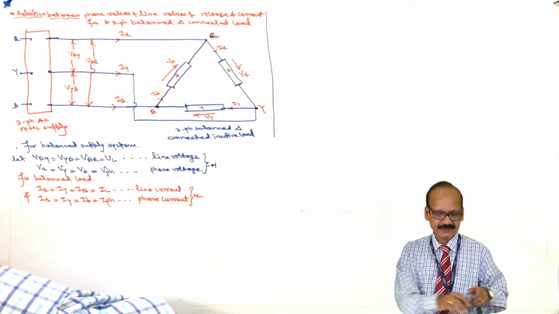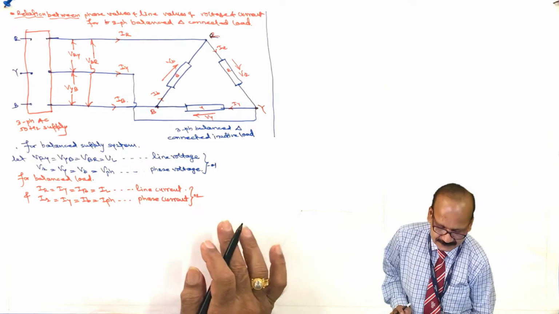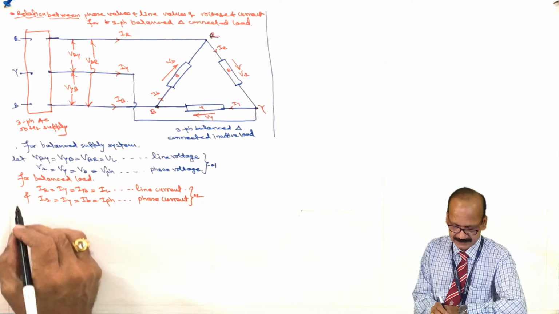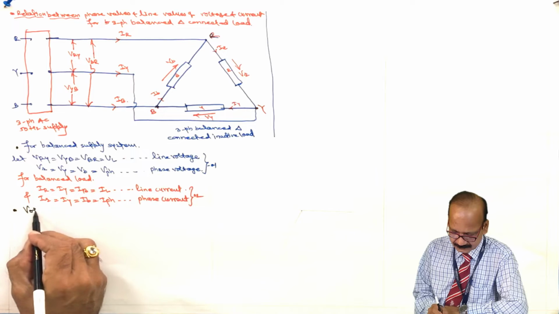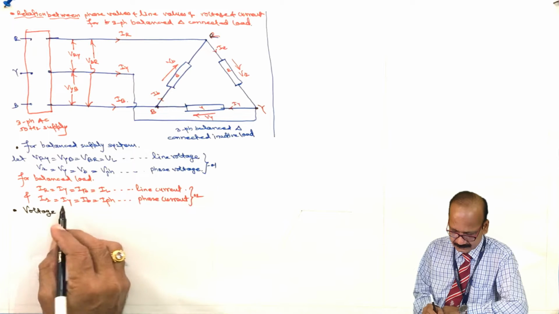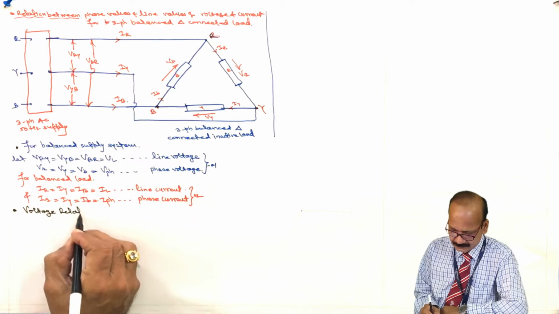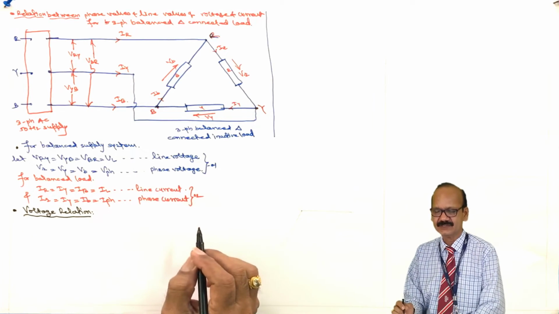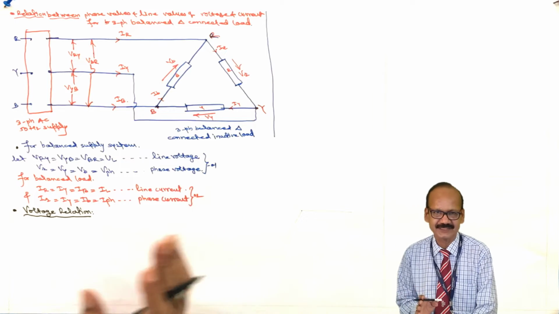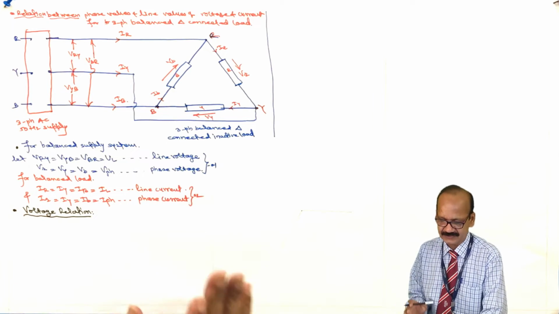Now we have to find out the voltage relation, that means in case of a delta connected load, the relation between line voltage and phase voltage.